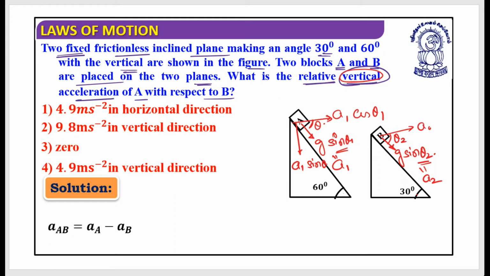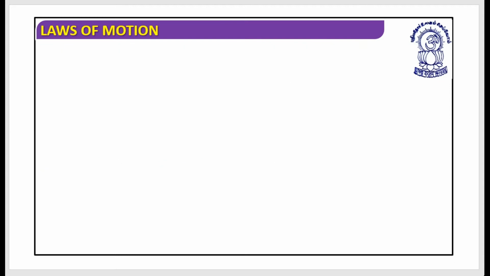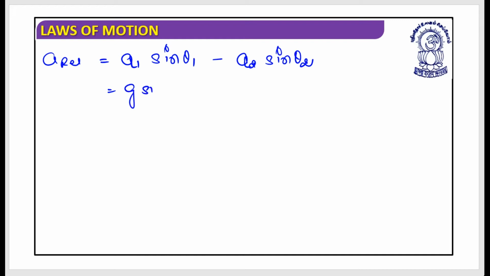This is a2 cos theta 2, and this is a2 sine theta 2. I hope this is clear. So the relative acceleration could be equal to a1 sine theta 1 minus a2 sine theta 2.